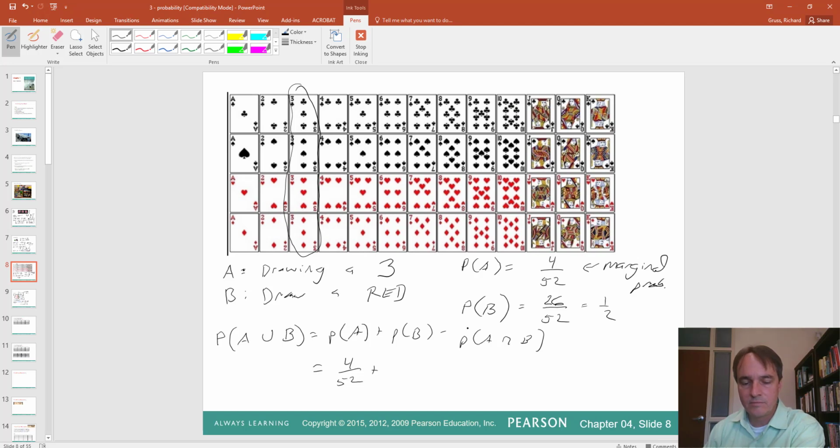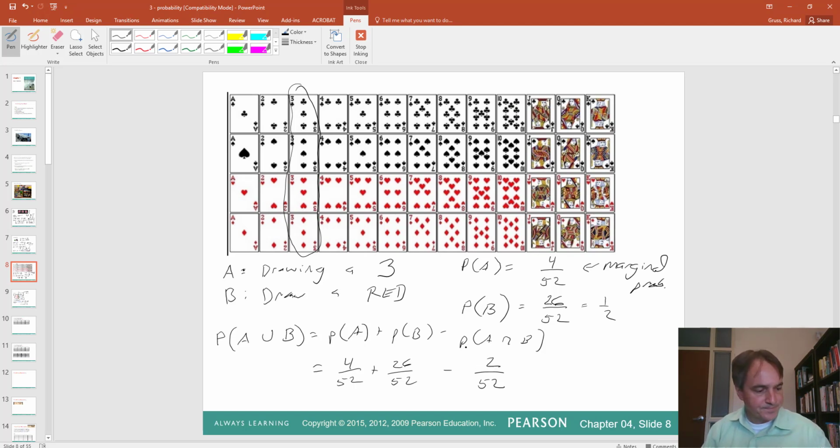Probability of B, we had 26 out of 52. Okay, now what's their intersection? Well, this we can get just by our old rule of counting the number of ways a certain event can occur and divided by the total number of outcomes. Okay, so of the 52 possible outcomes, how many of these are both red and 3? Well, it's 2.